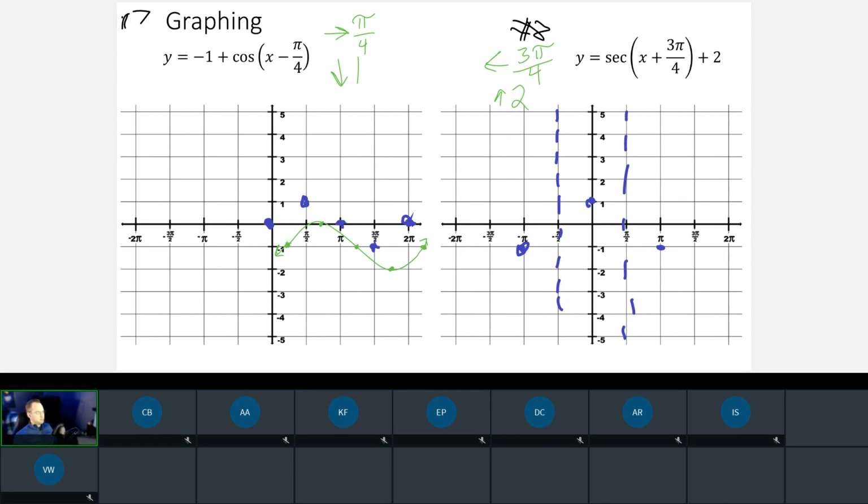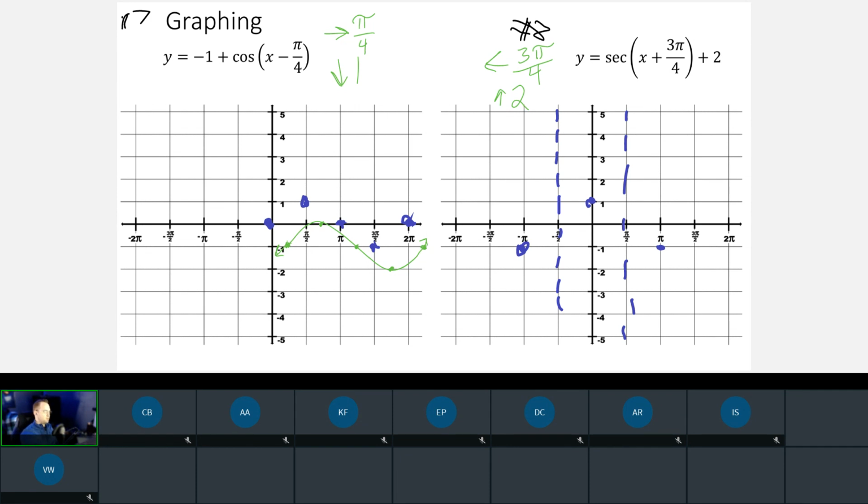Okay, so let's do my asymptotes first. We're going to shift the asymptotes left 3 pi over 2. That's basically three tick marks, right?